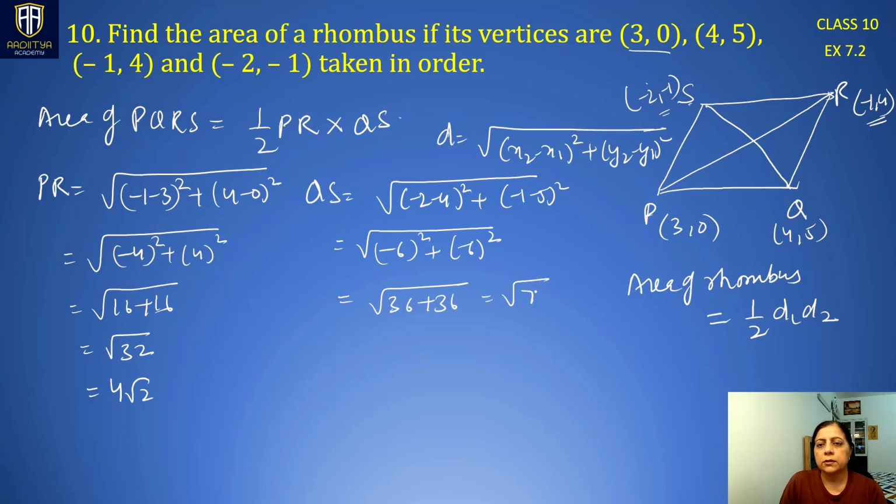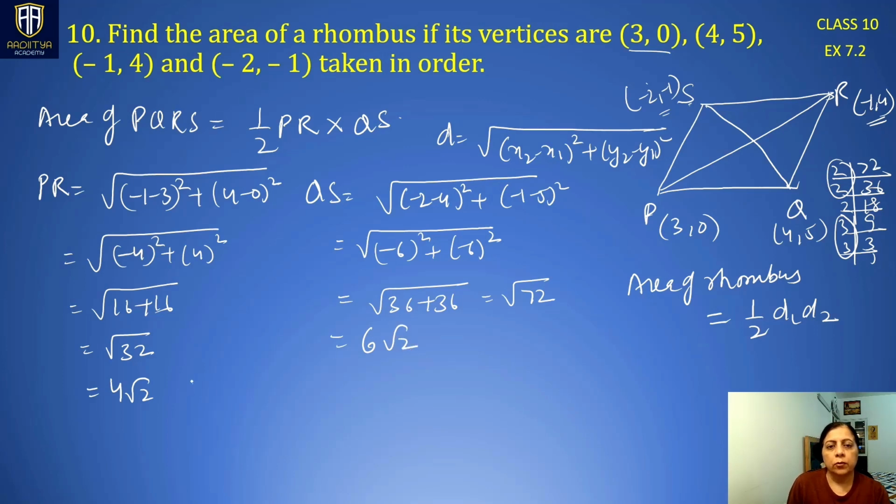This is root 72. So you can see that 72 can be factorized as 36 times 2, so you can take out 6, which is written as 6 root 2.